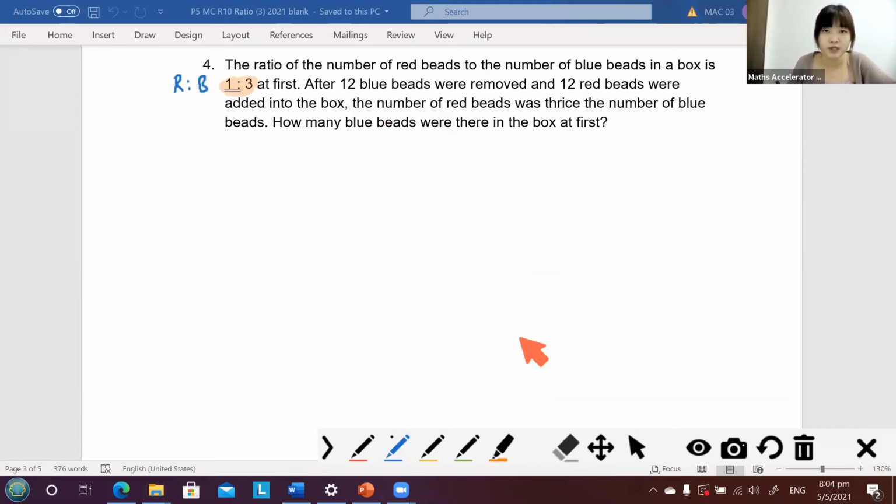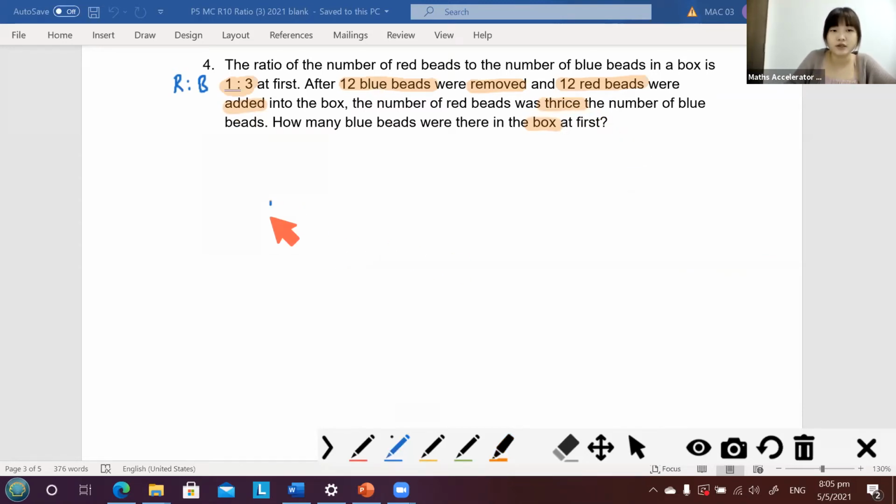After 12 blue beads were removed, and 12 red beads were added into the box, the number of red beads was thrice the number of blue beads. How many blue beads were there in the box at first? They didn't give you a ratio at the end, but thrice, you can still take note of that. That's gonna give you a ratio as well.